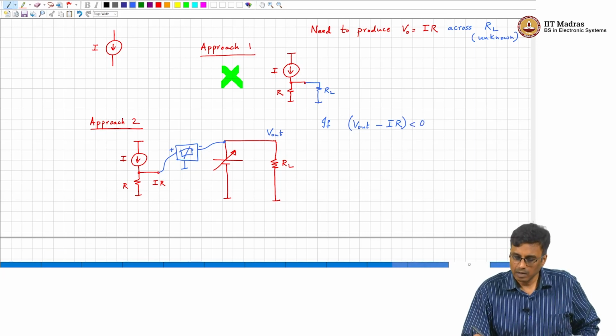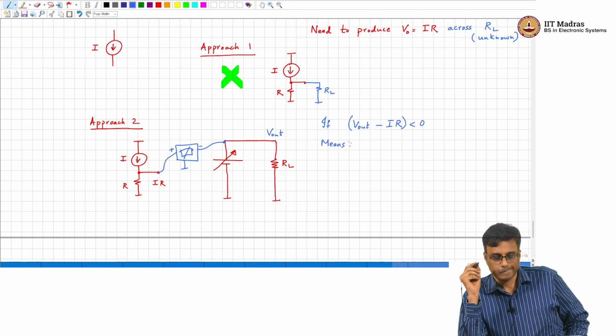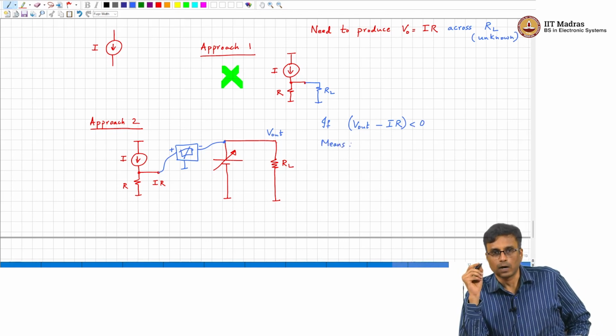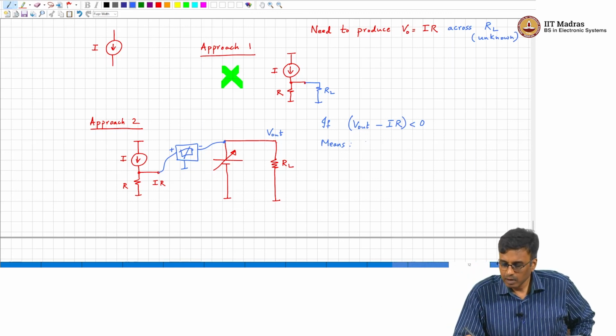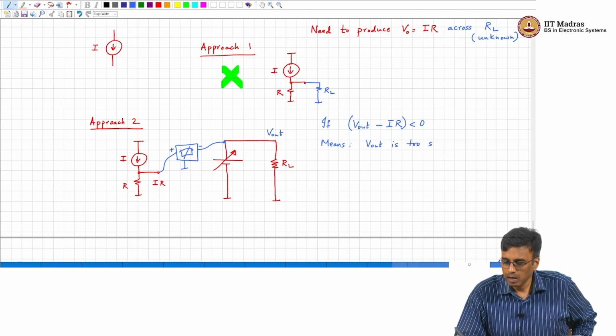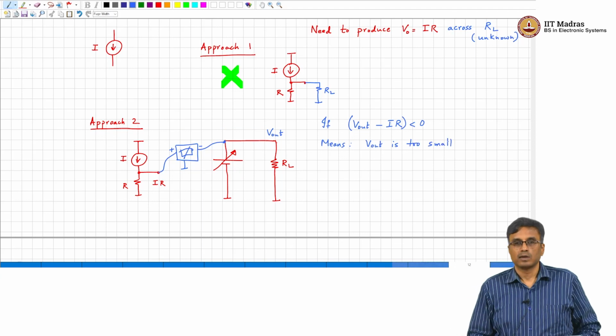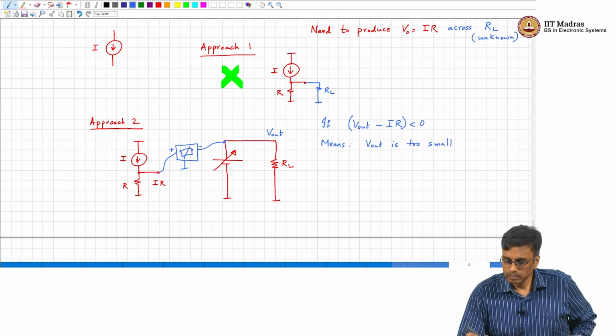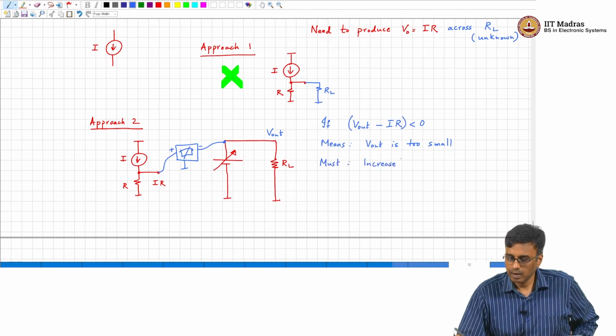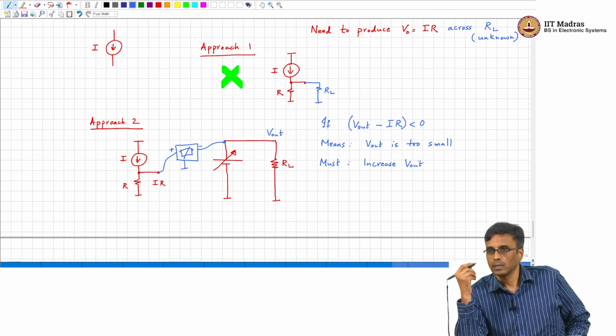What does it mean? It means V out is too small. What must I do? Must increase V out, correct.